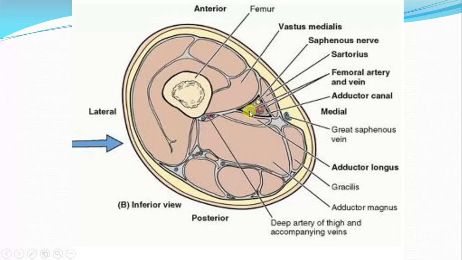Okay, and in the contents, this thigh should be of the left side because this is medial, this is lateral. Here it is shown the artery, vein, and then the nerve, the saphenous nerve.